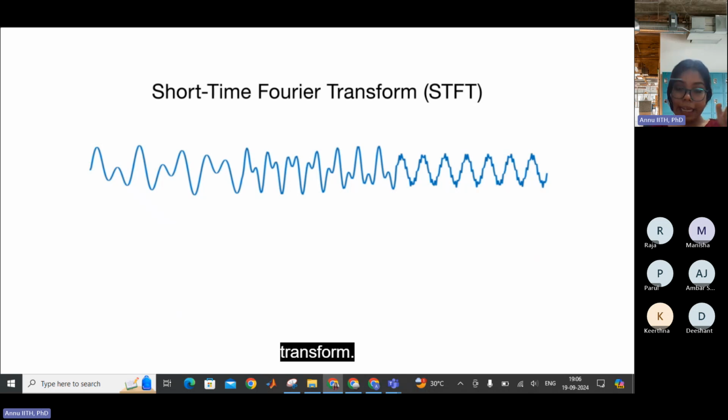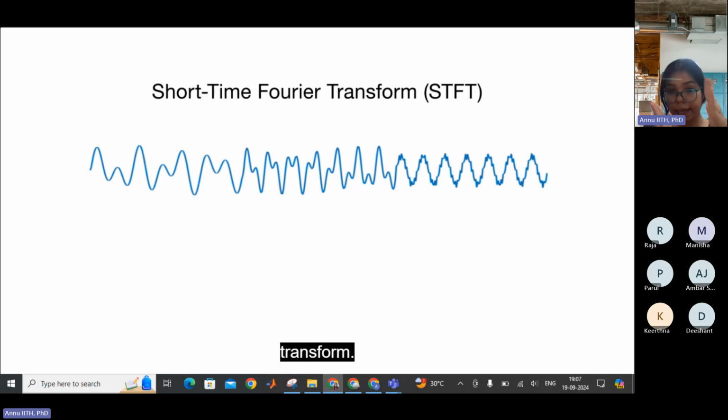So with different time intervals, you are calculating the Fourier transform. The Fourier transform formula was the integral from minus infinity to infinity of x(t) e^(-j2πft) dt. What we are trying to do is multiply this e^(-j2πft) with the signal and sum it.